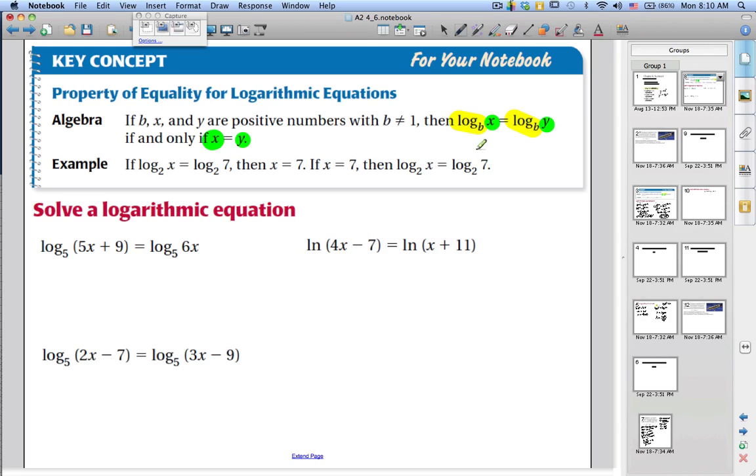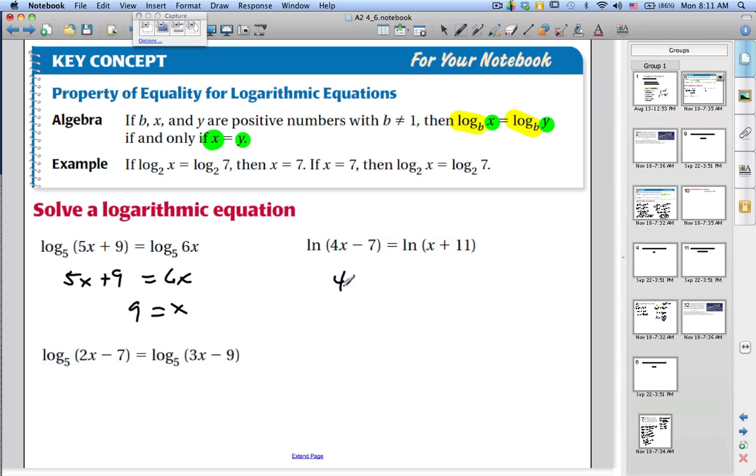It's the same sort of idea that we had with the exponential functions. To think of this in a more simplistic way, I'm allowed to introduce a logarithm to either side of an equation, and if I can put it into either side, I can take it out of either side as long as they're the same base. So in this case, you just take the log off either side of the equation. I'll get 5x plus 9 is equal to 6x, so x would be equal to 9.